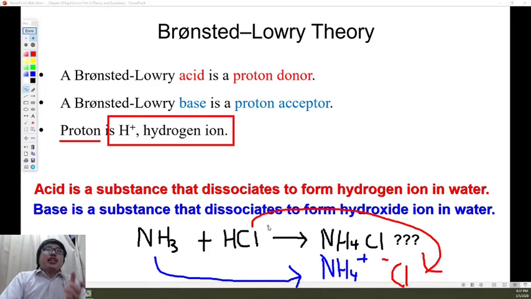This is a new definition that you need to know. We ignore hydroxide. In any reaction, as long as it donates a proton, it is an acid.